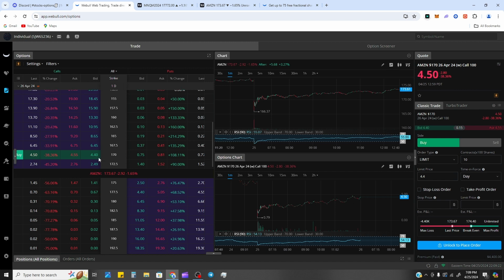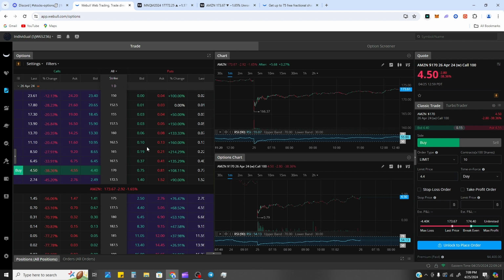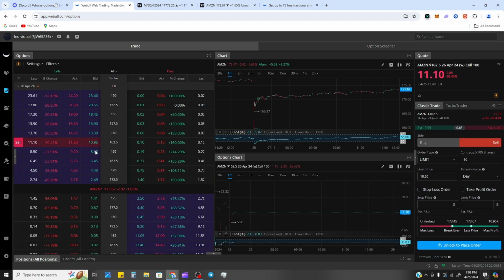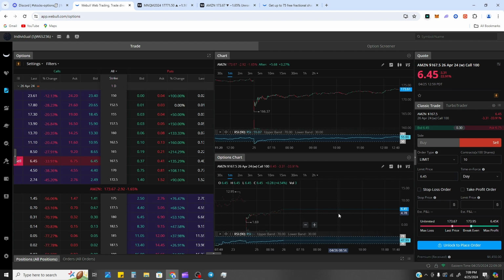Okay, so in this case, if you bought at the money, because it was 166.37, so buying at the money would have been one of these calls, 162, 165, 167, right? That would have been buying close to at the money, and they did phenomenally well.